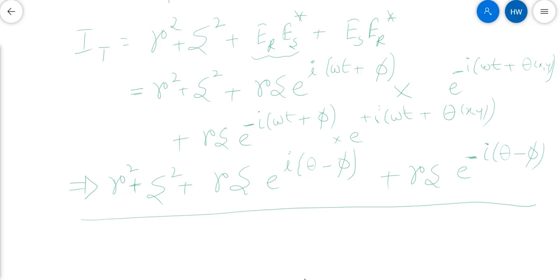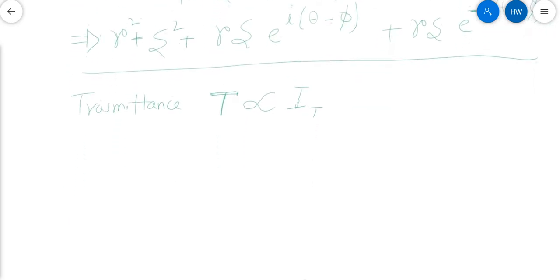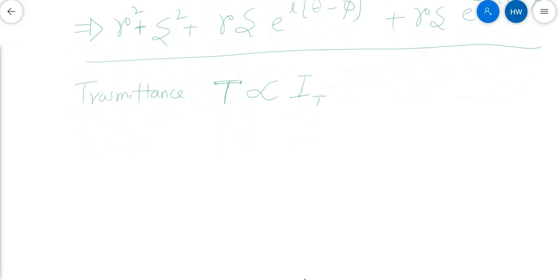So the transmittance of the recorded film is basically proportional to this recorded total intensity. So what do I do? Now I need to do reconstruction.